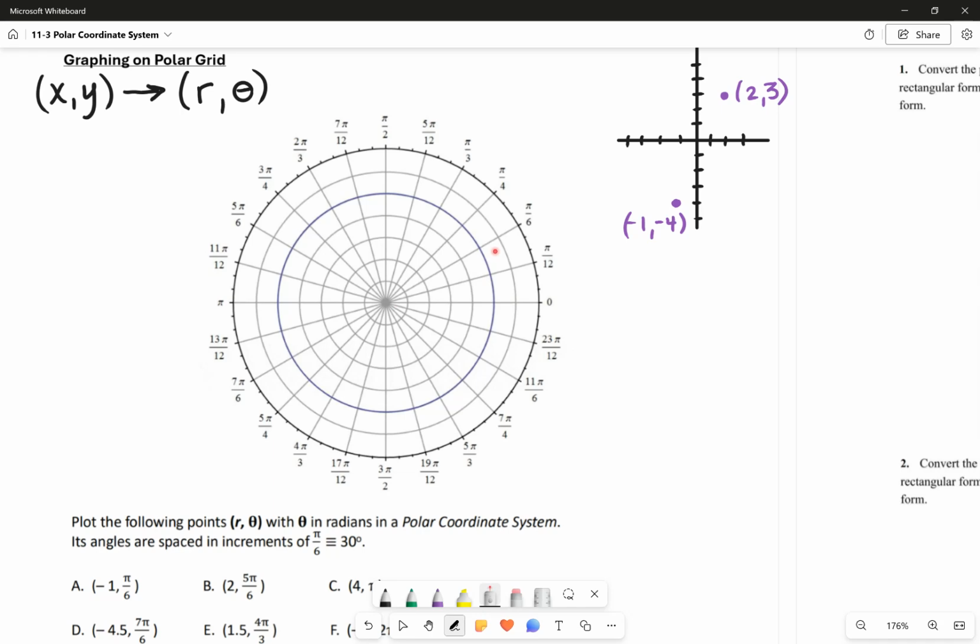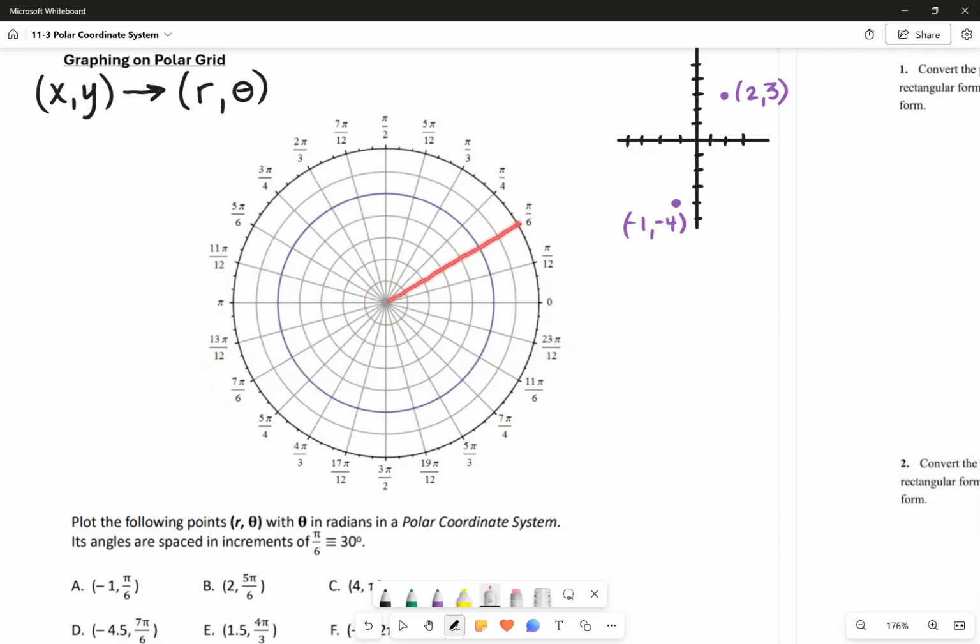Now, I'm going to ignore that negative, but that is a 1, saying that's the radius of 1. So if I'm starting from here at a radius of 1, I'm going to rotate to pi over 6, like right there, because I have to plot on this radius of 1, but I have to stay on this pi over 6.